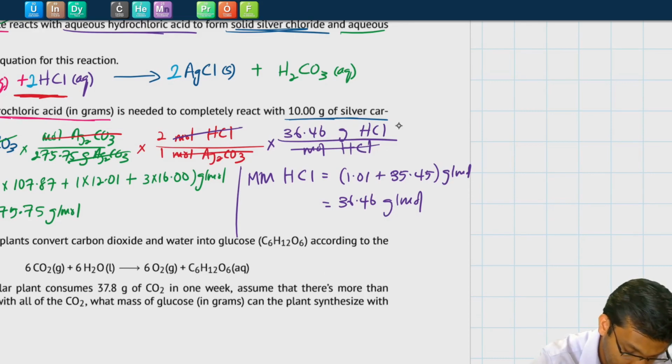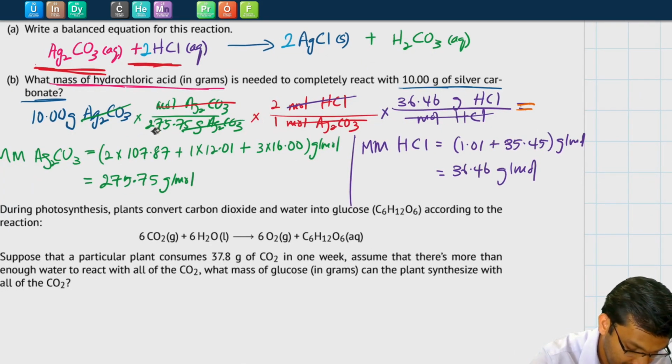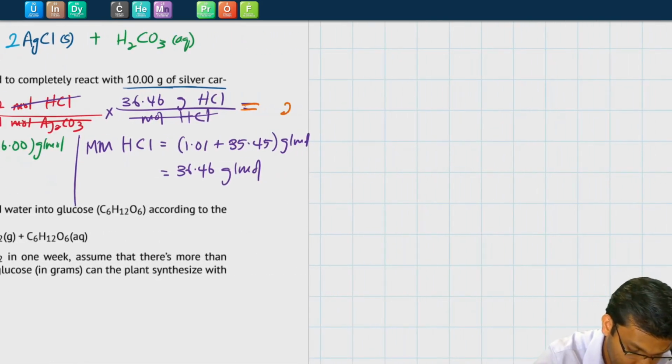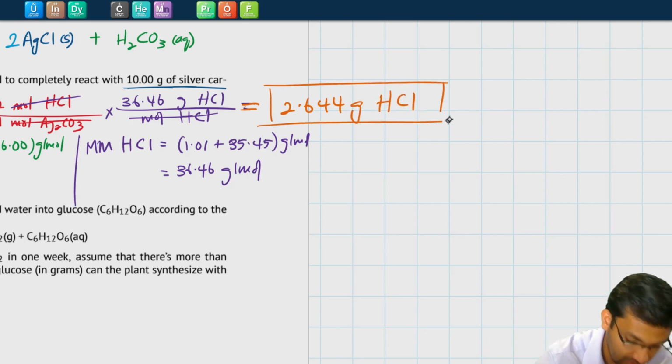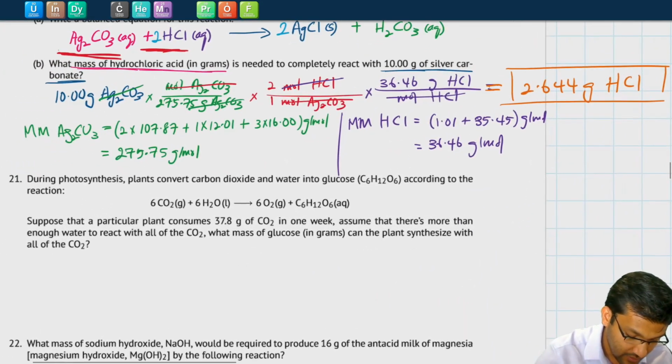And so if we plug all of this into our calculator, 10.00 divided by 275.75 multiplied by 2 multiplied by 36.46 gives us 2.644 grams of HCl, which is what the question was asking us for. So let's look at this again. We take the mass of silver carbonate, convert it to moles of silver carbonate.